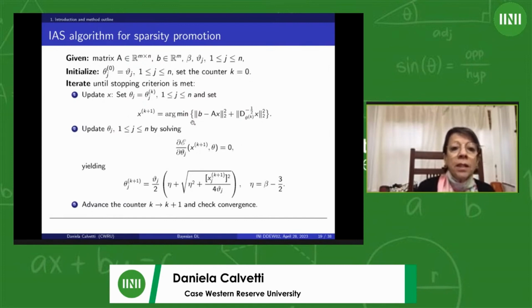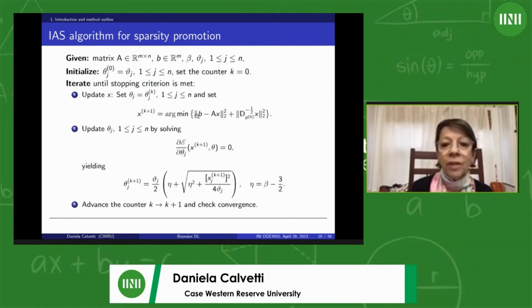So what we want to do is call the solution the solution of a minimization problem of this type, and we can solve it by alternating these two steps until convergence is reached.